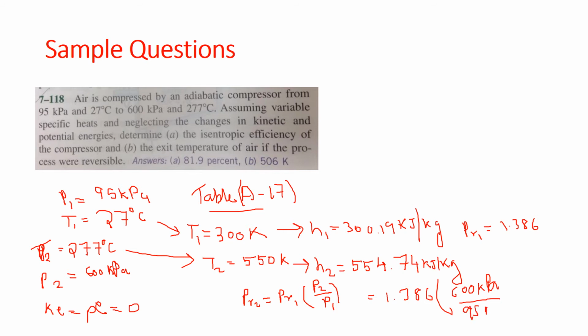So now we have Pr2 equal to Pr1 multiplied by P2 over P1. With this, you can find Pr2, which is around 8.754. This is your Pr2.